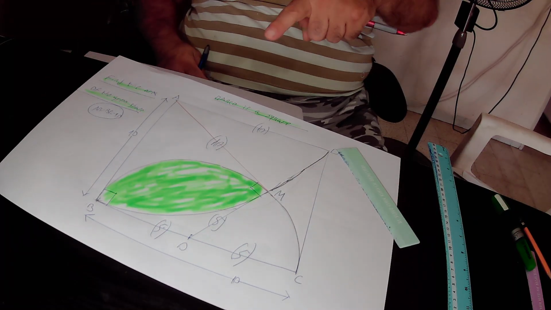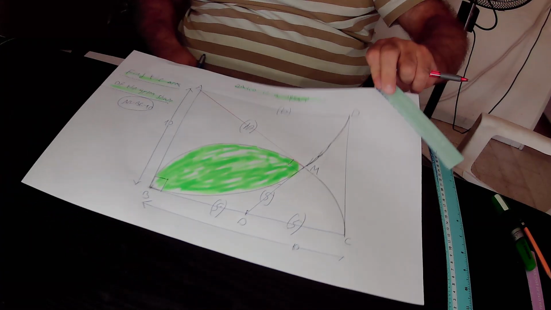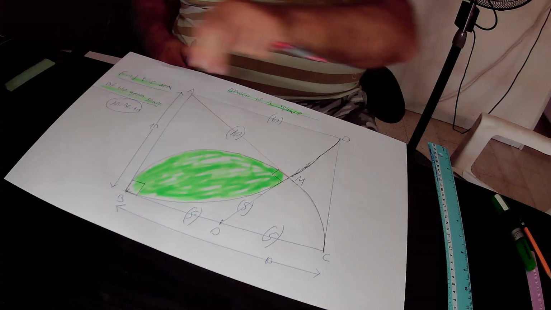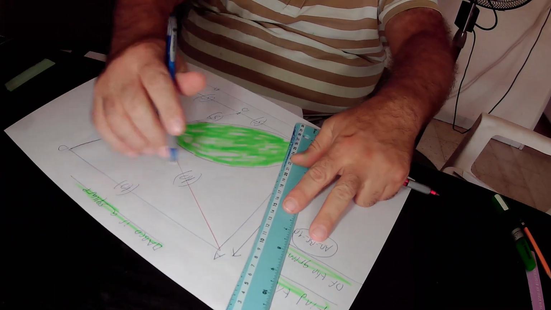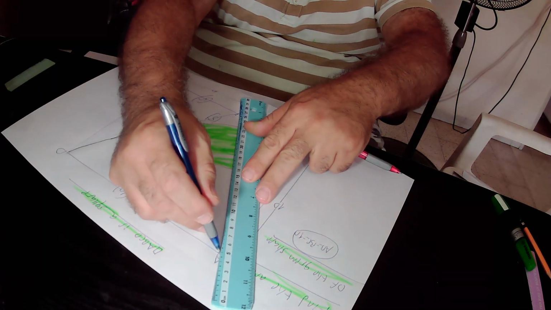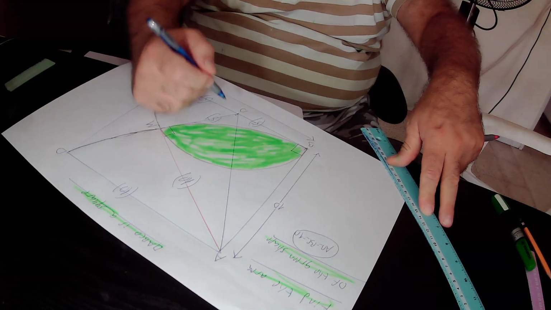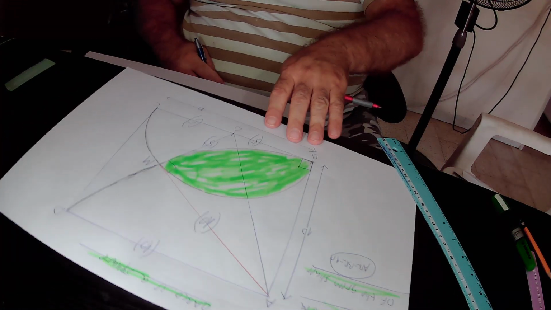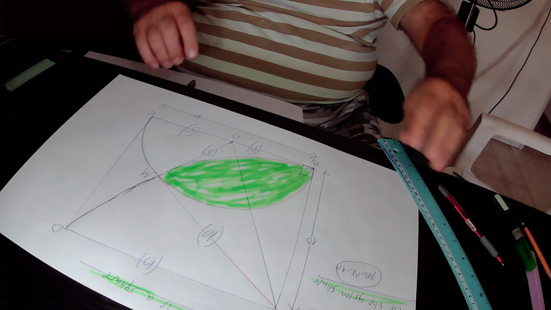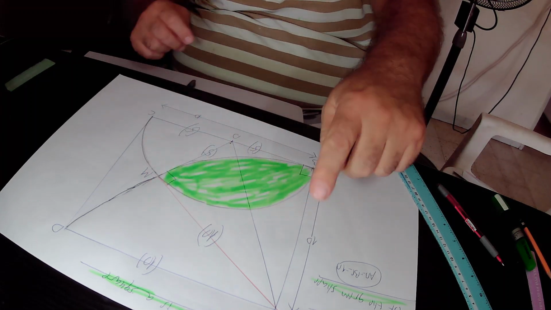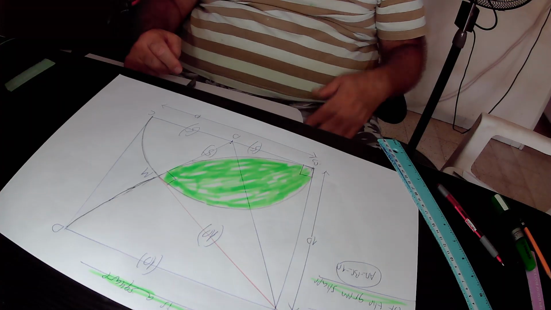In the next step, we'll join points A and O together by a straight line. By joining points A and O together, we get those two right angles. This is the right angle AOM and this is the right angle AOB.